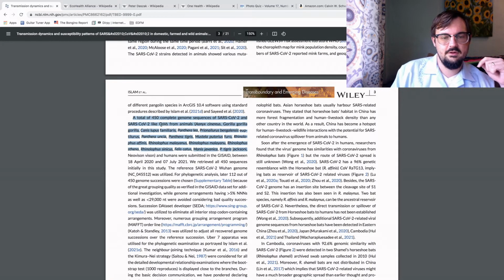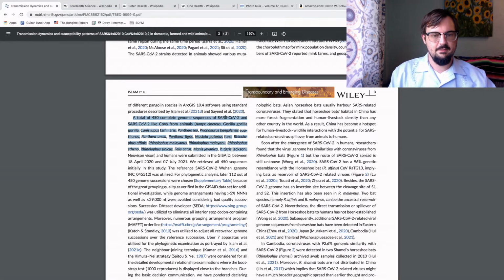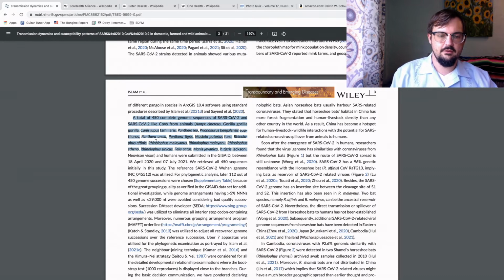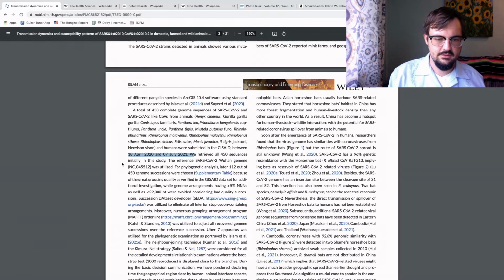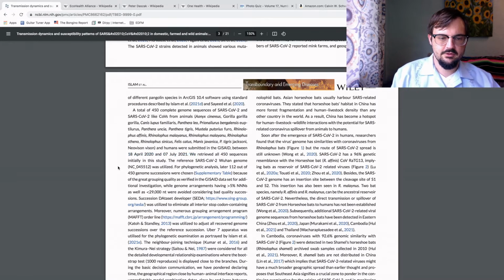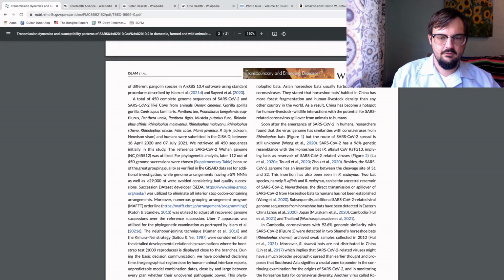SARS-CoV-2-like CoVs. And that's interesting because they're not looking at the disease itself, but they're looking at how that disease might mutate into other diseases. So that's why they're including those in there, just in case you're wondering. And the search parameters are between April 2020 and July of 2021. They found 450, narrowed them down to 112.